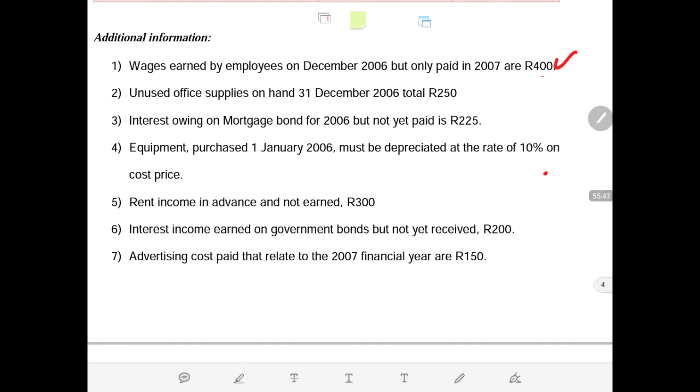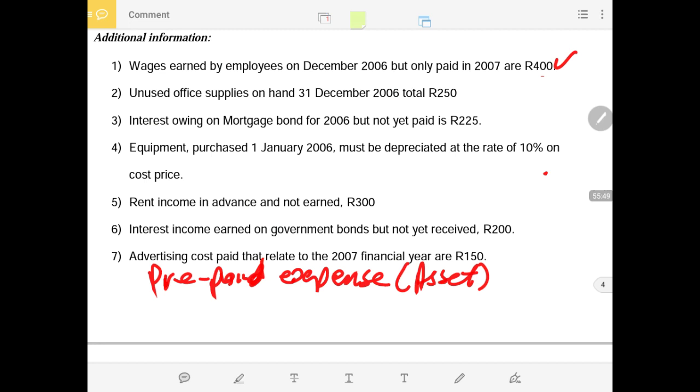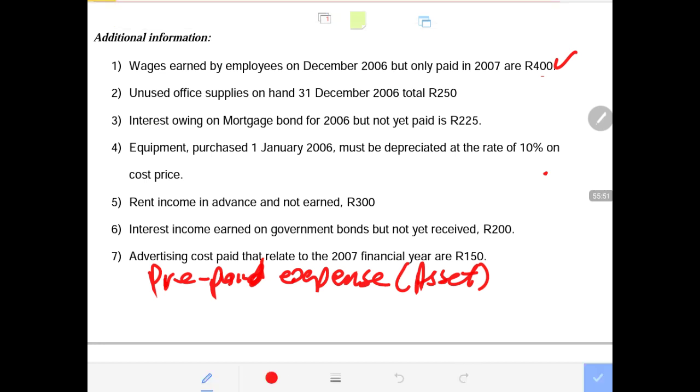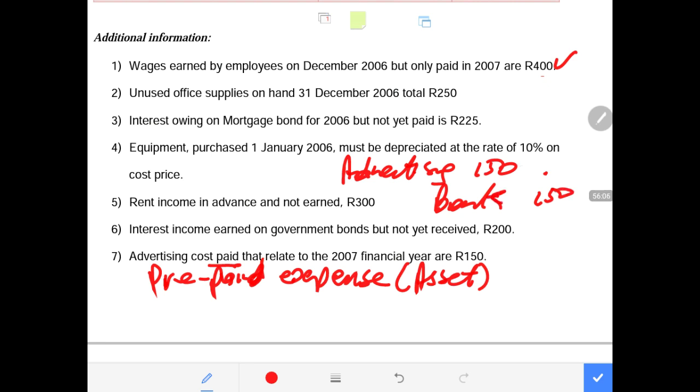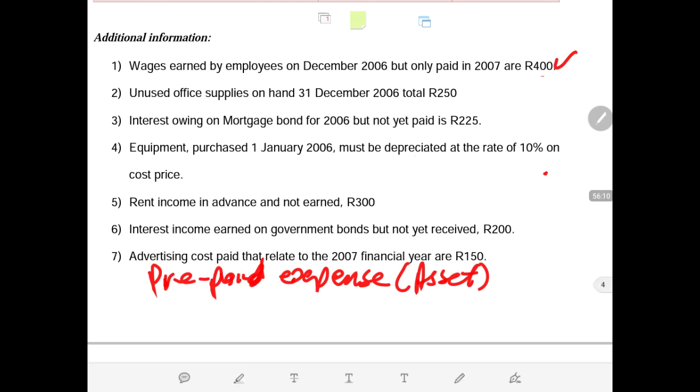We know that prepaid expense is an asset. Remember, when the 150 was paid, what you would have said is debit advertising and credit bank when this entry was done and 150 was recorded. Then this amount was added to the advertising cost and it was recorded in the trial balance.